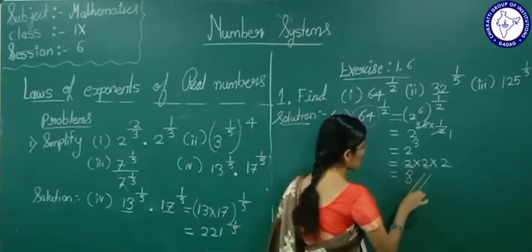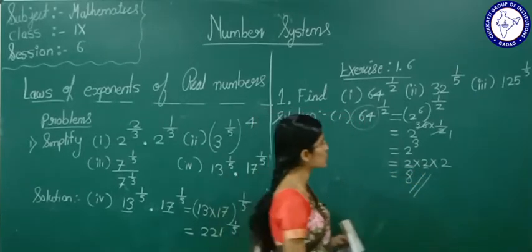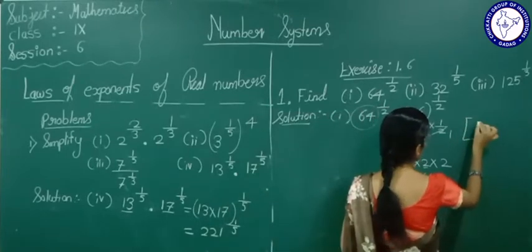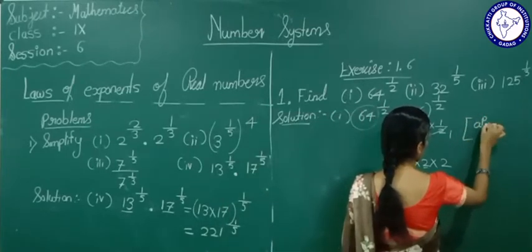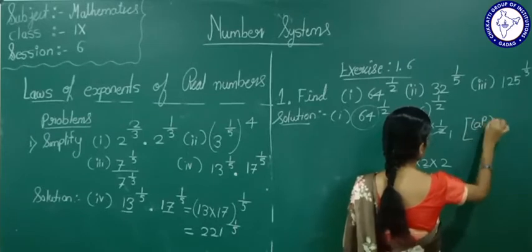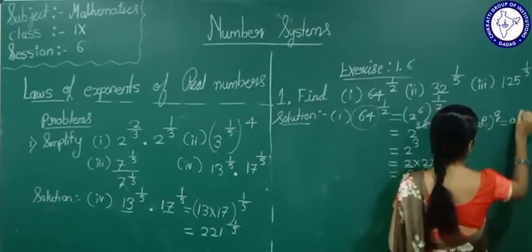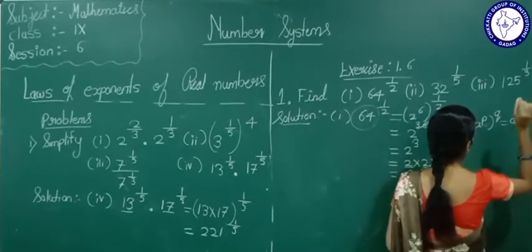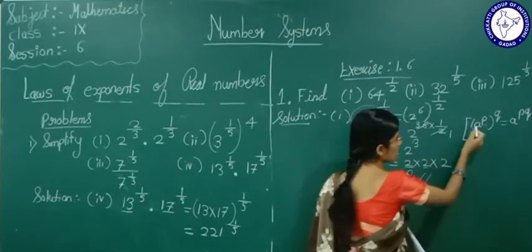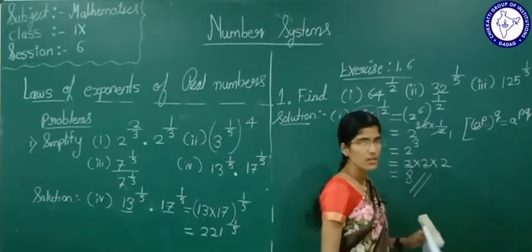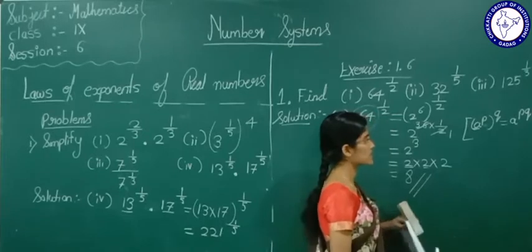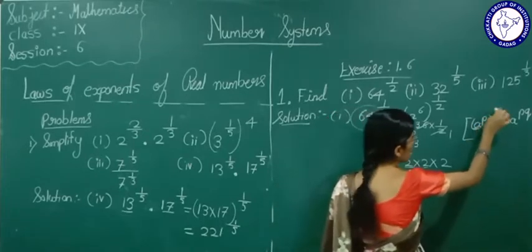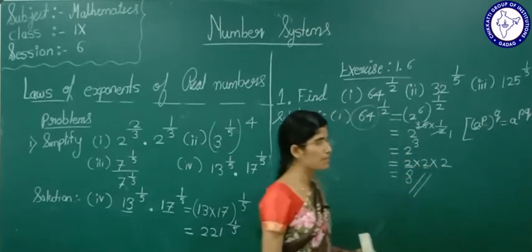The first answer is 8. So which law have we used here? We have used (a raised to p) raised to q is equal to a raised to pq. Here a is a real number greater than 0, and p and q are rational numbers.